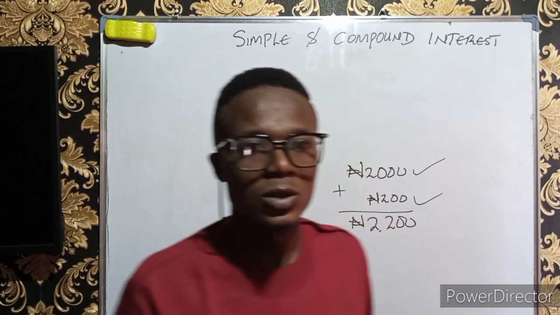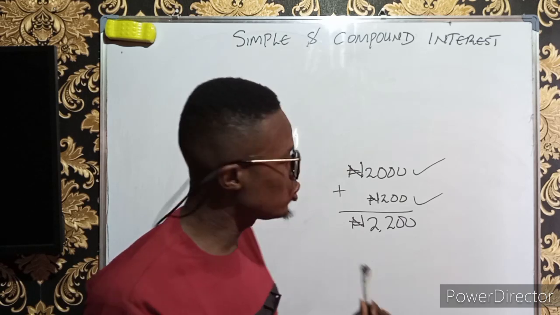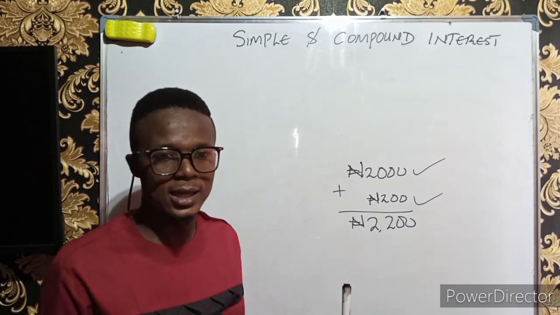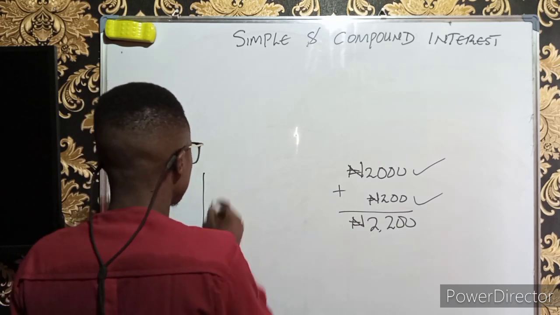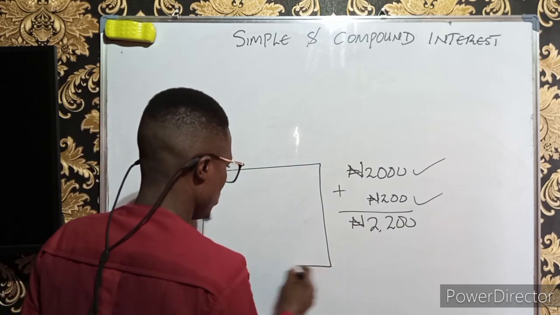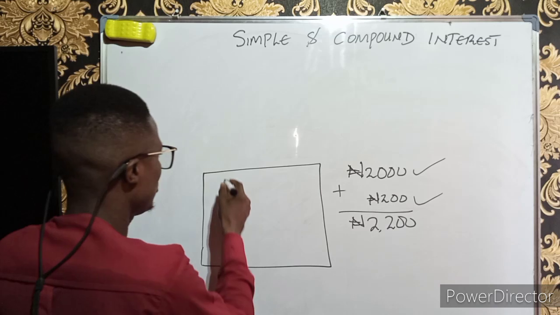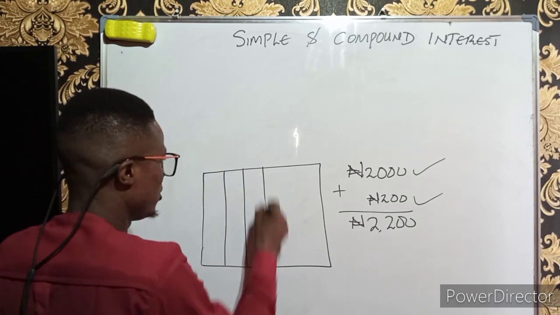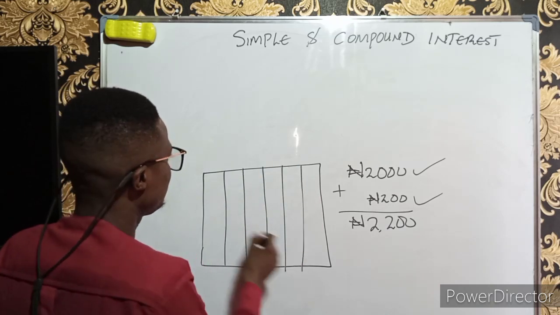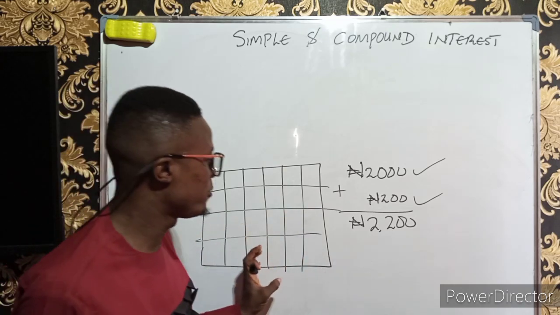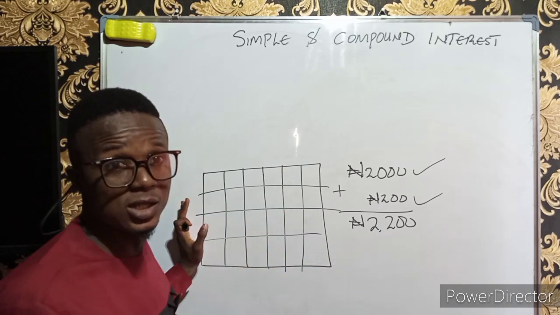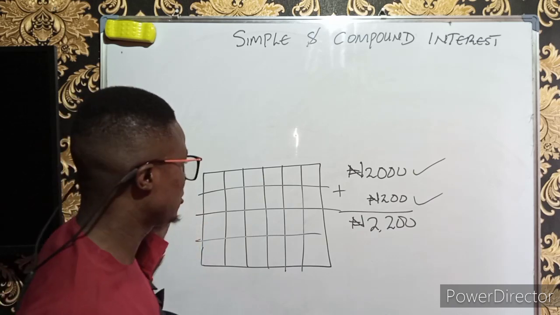And this man told the king that he wouldn't want his family to suffer when he died, so he wished that a chest be given to him. A chest has up to 64 boxes in it. This is not up to 64, but I'm just giving you a look of a chest. It has 64 boxes.